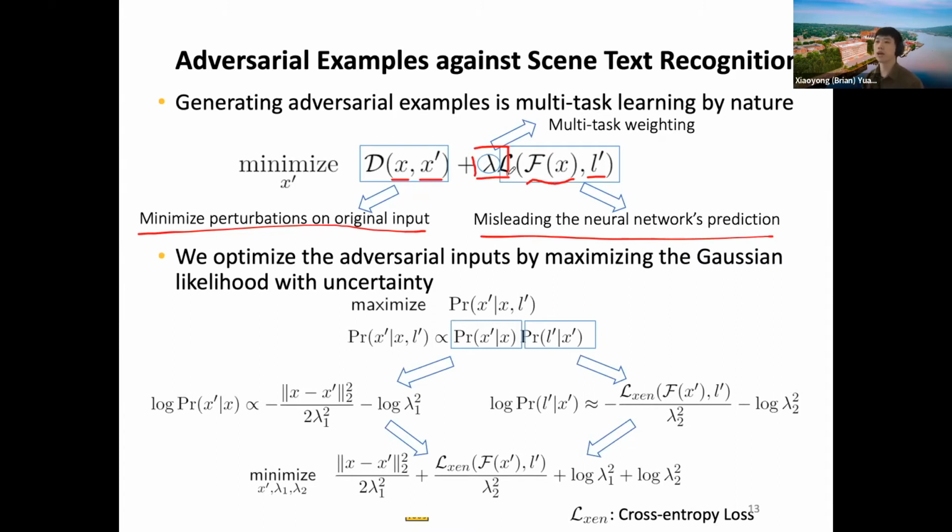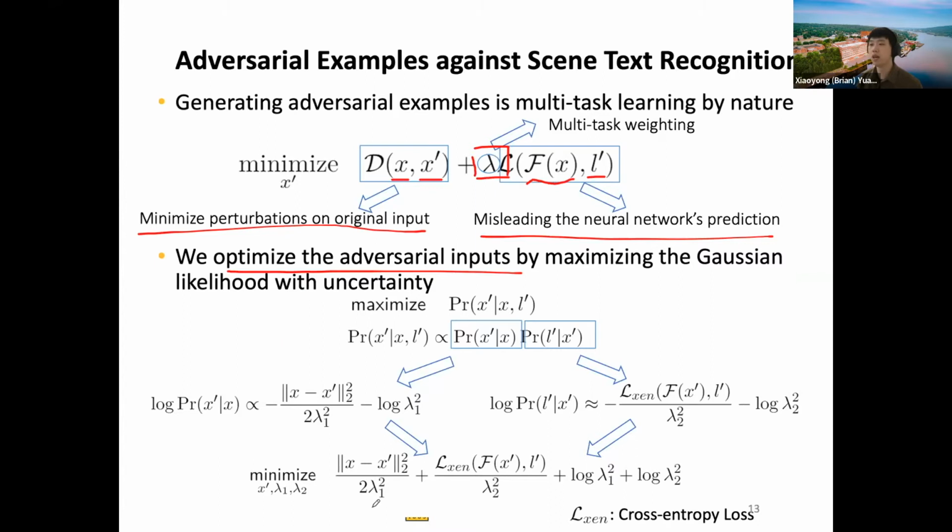So in our work, we try to generate the adversary examples by optimizing the adversary inputs, maximizing the Gaussian likelihood with uncertainty. We model them as a Gaussian by maximizing the Gaussian likelihood, and then we do not manually tune this lambda.